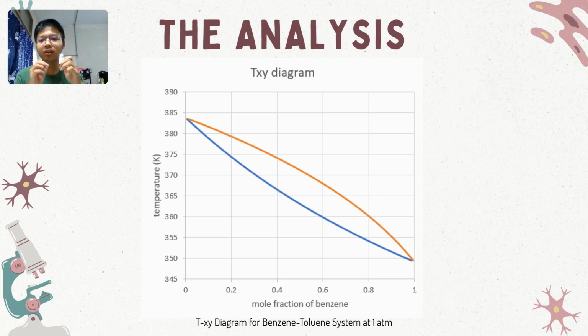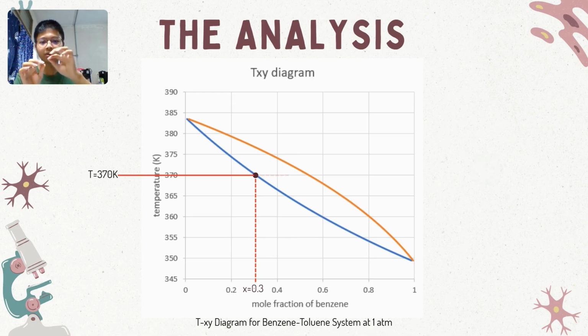Next, what if the temperature is given? Let's say I choose 370 K, and then we will draw a straight line, first touching the blue line here, and we'll draw straight down, and we'll get x equal to 0.3.